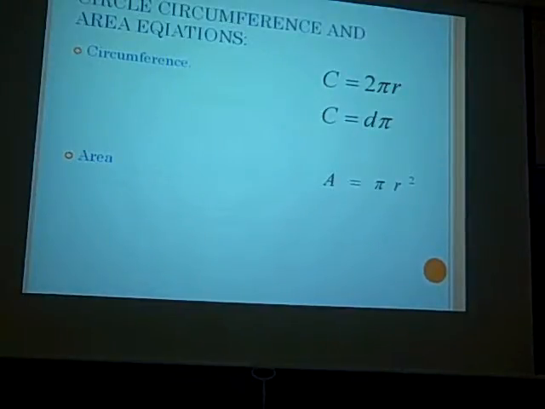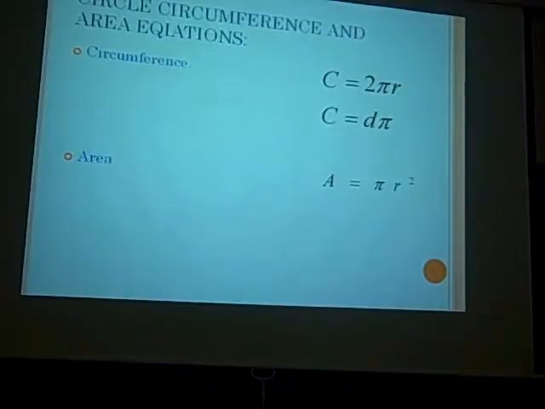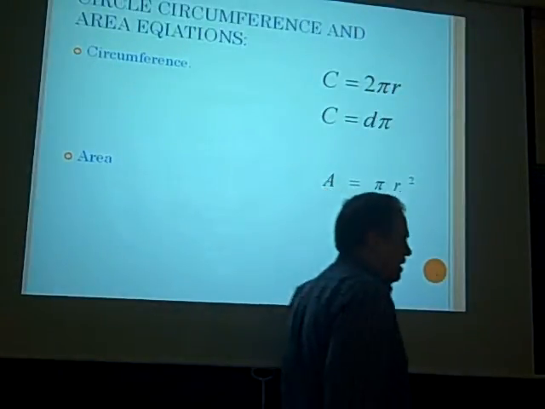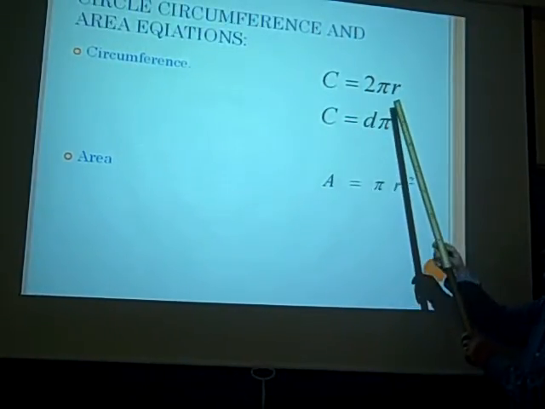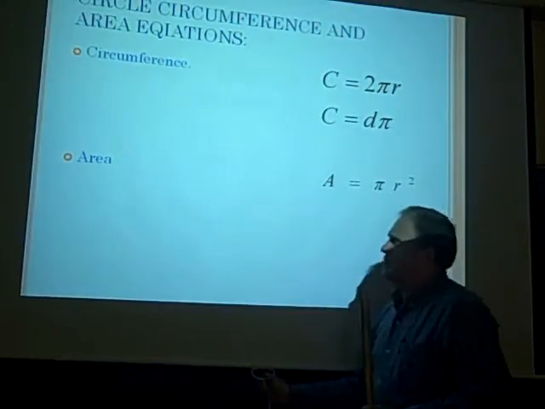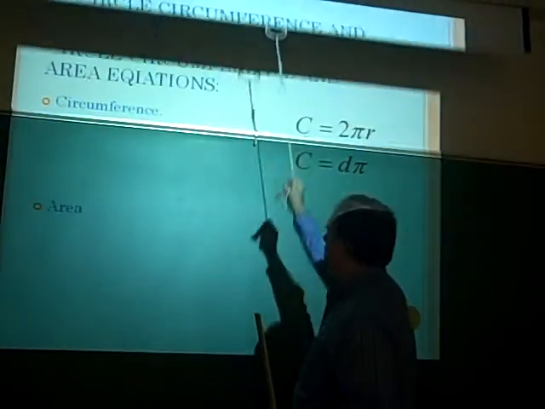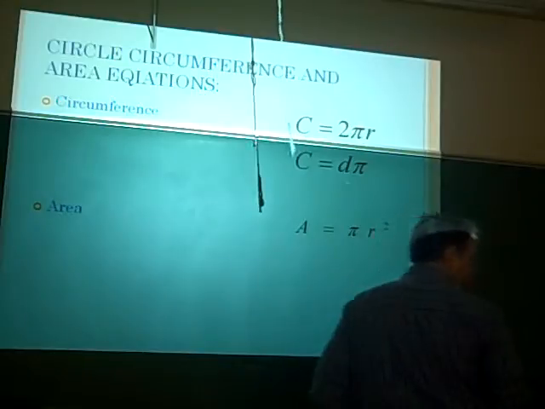Okay, we have the circumference of a circle. And that's going to be C equals 2 pi r. And the circumference of a circle is basically, if I were to raise this up for a second, here's our circle.